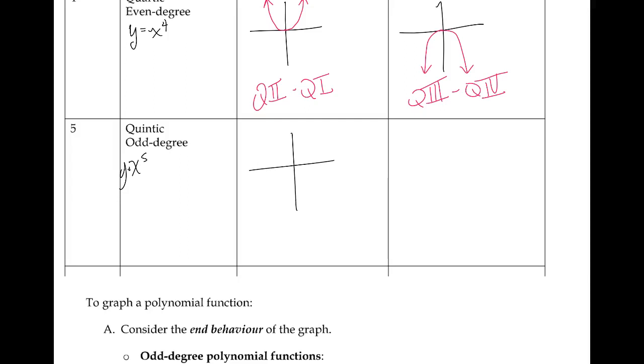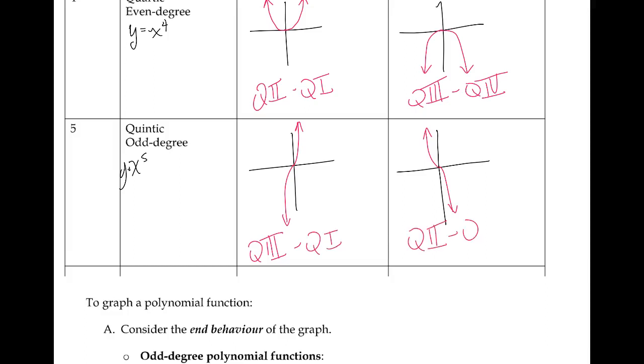So when we go in, we see this shape, and conversely, when we threw that negative in there, we simply got the reflection over that x-axis. So again, we go from quadrant 3 to quadrant 1 versus quadrant 2 to quadrant 4.